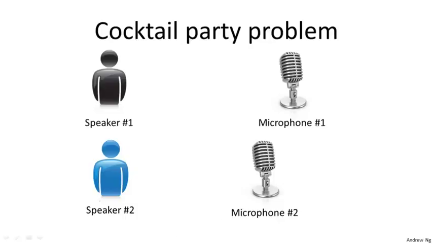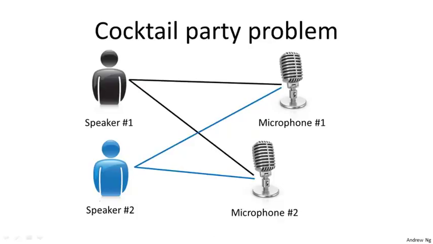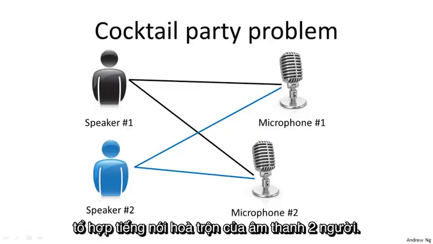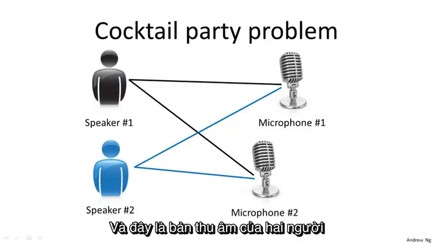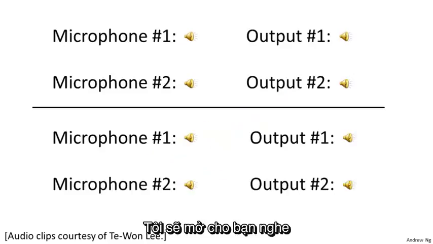Maybe speaker 1 is a little louder in microphone 1, and maybe speaker 2 is a little bit louder in microphone 2 because the 2 microphones are at different positions relative to the 2 speakers. But each microphone records an overlapping combination of both speakers' voices. So here's an actual recording of 2 speakers recorded by a researcher. Let me play for you what the first microphone sounds like.